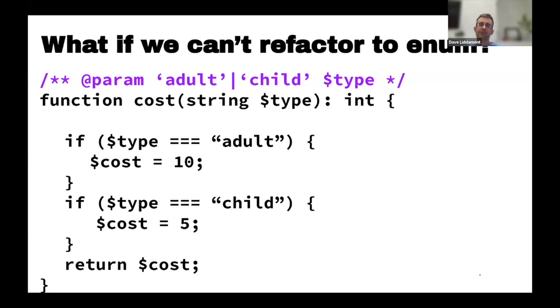So what that would do is, where we have the boundary with the other system, we're asserting that the data we get from the database is an expected value. And then we are telling static analysis, through the dot block, the at return dot block in this case, that this string is only adult or child. And then the rest of the analysis will go based on the fact that our database value is one of those two types.